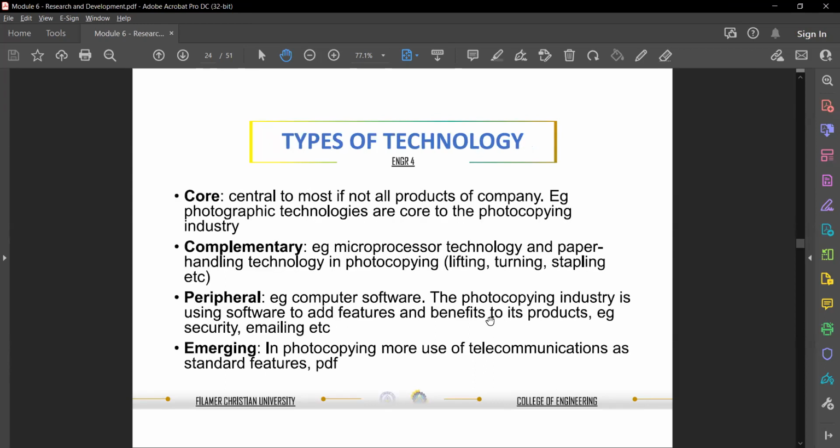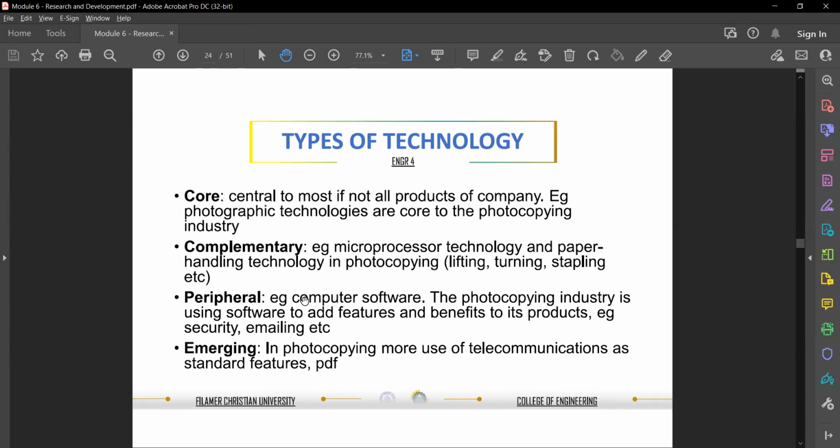So we have different types of technology. So ito yun. Ito yung kanina, di ba? So we have the core. So this is central to most, if not all, products of company. So example siguro is photographic technologies, no, which are core to photocopying industry, di ba? So example na natin yung photographic technology.